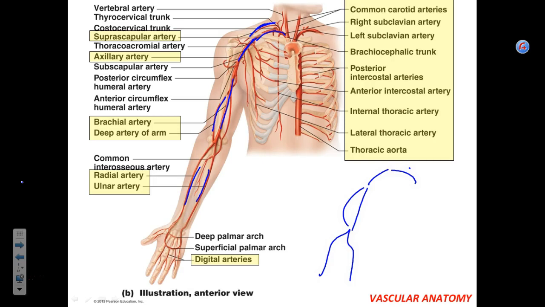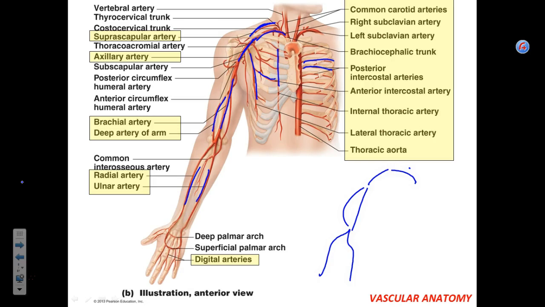Now, arteries that supply the thorax. So you've got intercostal arteries, which makes perfect sense, really. Posterior intercostals run between the ribs, and then you have two thoracic arteries, internal and lateral thoracic artery, and you have two pairs of intercostals. You have posterior intercostal and you have anterior intercostal.